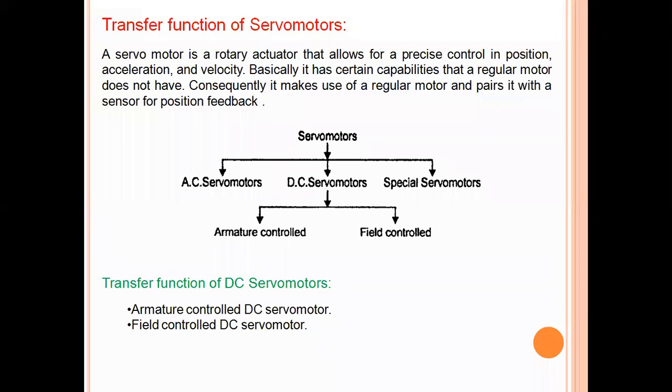However, we majorly concentrate on DC servo motors because of their advantages. And DC servo motors are generally classified into two major types. First one is armature controlled DC servo motors. The second one is field controlled DC servo motors.